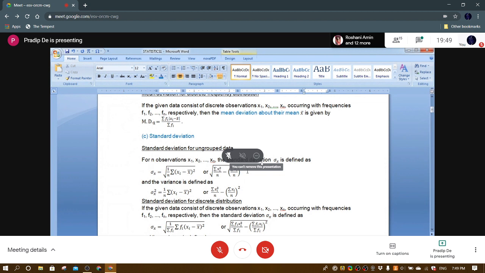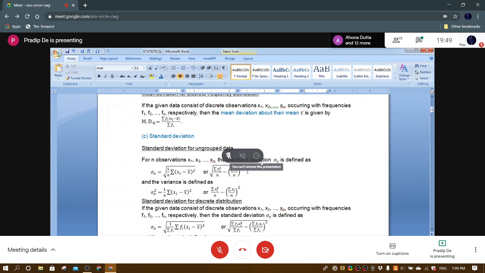Practically speaking, the second formula is easier to use. Because in the first one, first you have to find out the mean, then find out the deviations of each number from the mean, then square it, and then divide by n. Tedious job. First of all, if the mean is a whole number, it is fine.